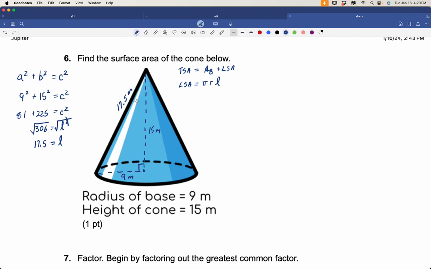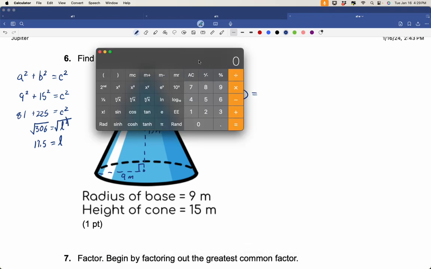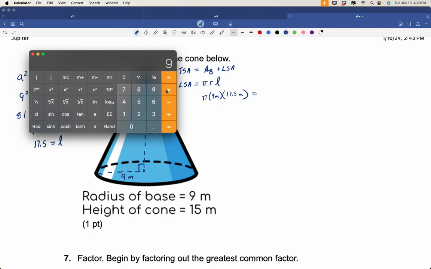So now we have the slant height. Now we can find pi times the radius times the slant height. So it's going to be pi times 9 meters times 17.5 meters. And when we do all of that, 9 times 17.5 is 157.5.